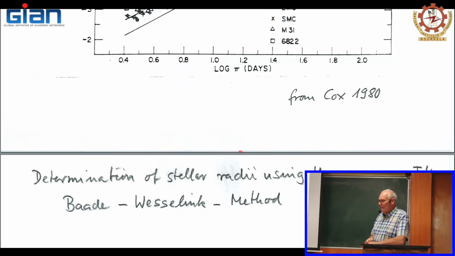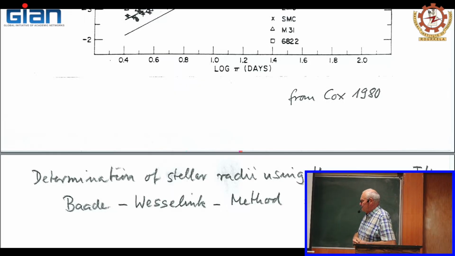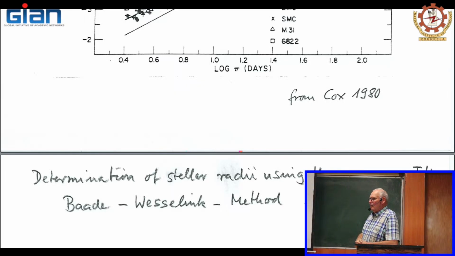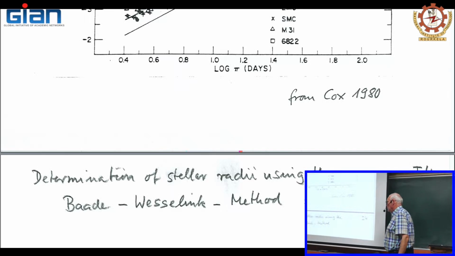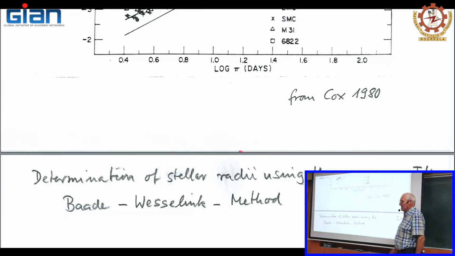And I will show in the next few minutes how stellar radii can be determined using the so-called Baade-Wesselink method, which is based on the fact that our star pulsates. As an example, we will discuss the star delta Cephei itself.